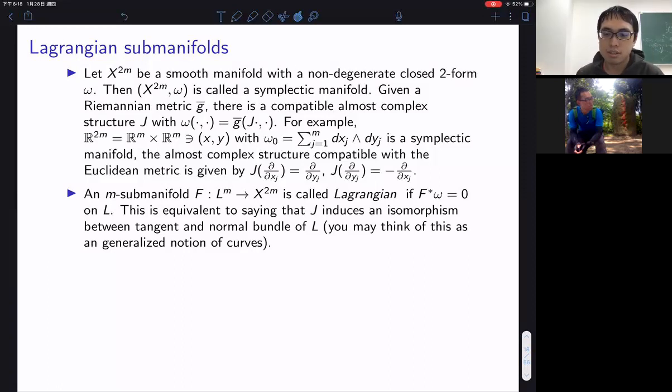So this is like you apply the almost complex structure to the tangent bundle and you get the normal bundle.